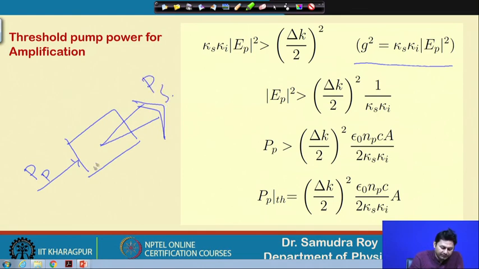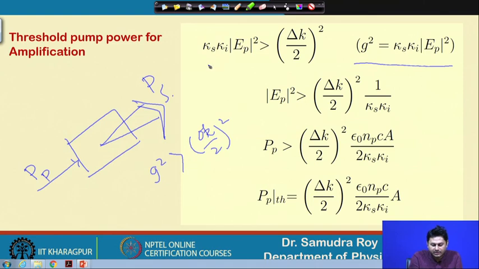In order to amplify this quantity, I need to put some kind of threshold pump here. If I put any pump power, that does not ensure that PS is going to generate or amplify. In order to amplify, we found the condition, and the condition was simply g square is greater than delta k divided by 2 square of that.